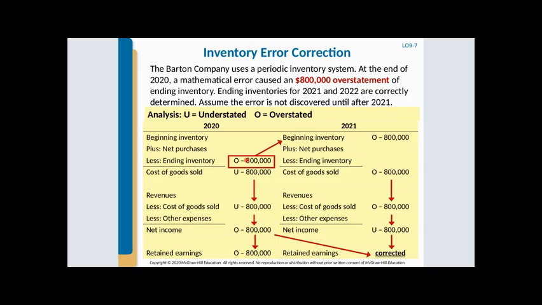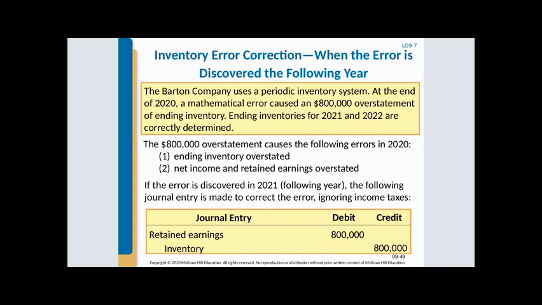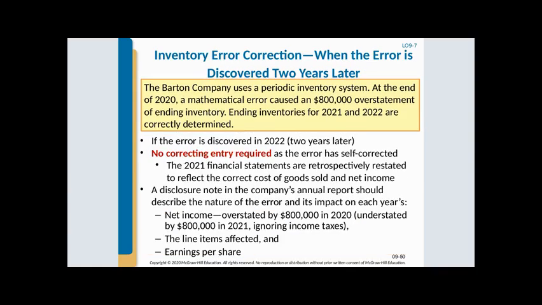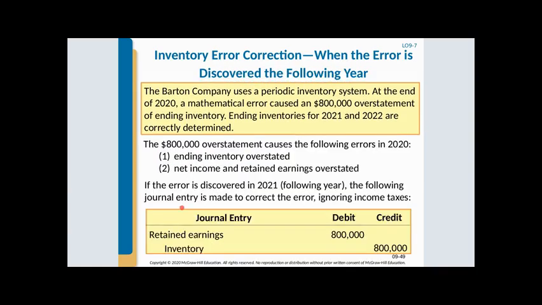What that means is that probably within 2 years, the error is going to self-correct. But if the error is material, you're going to have to fix it as soon as you discover the error. And of course, when we fix it, if the books are already closed, then we're going to have to either increase or decrease retained earnings.